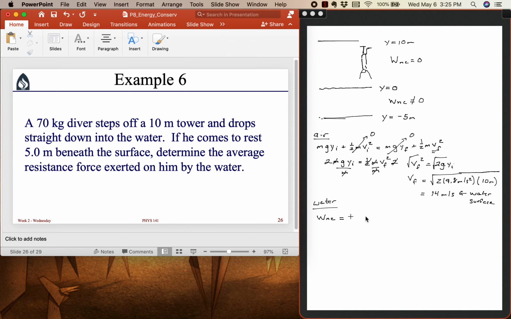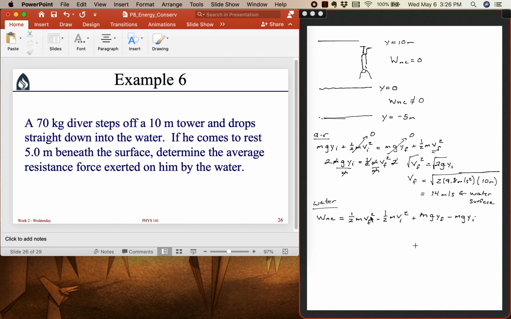So it's going to be equal to the change in the kinetic energy plus the change in the potential energy. The change in the kinetic energy would be 1/2 mv final squared minus 1/2 mv initial squared. And the change in the potential energy is going to be equal to mg y final minus mg y initial.